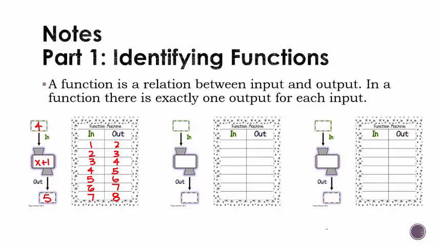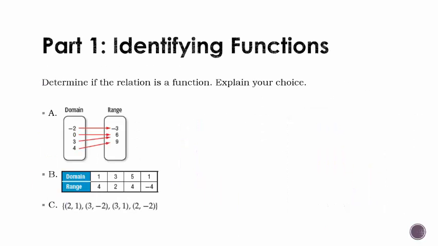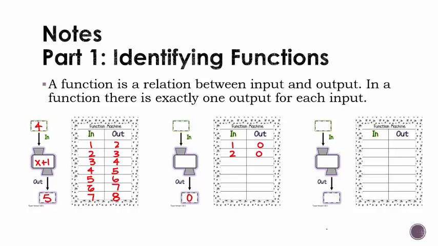Now let's say I do another one where I plug in 1 and I get out 0. And I plug in 2, and I get out 0. And I plug in 3 and I get out 0. And we can keep on going all day.